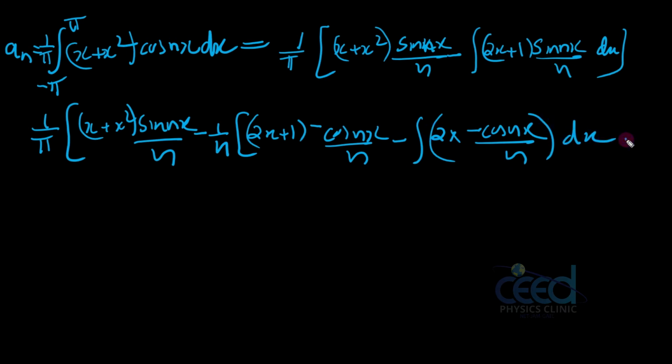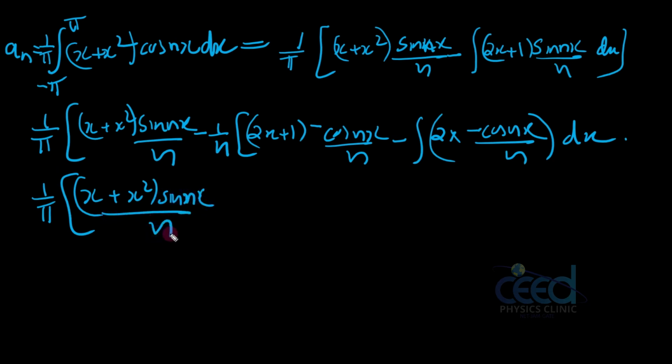Now this I can write as x plus x square into sin nx by n, with 1 by pi out. Okay, I am expanding the bracket, minus minus plus, that is 1 by n square into 2x plus 1 into cos nx, right?